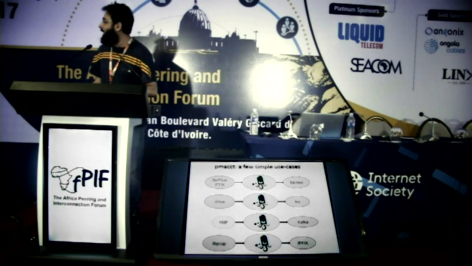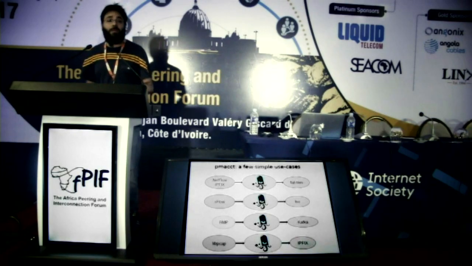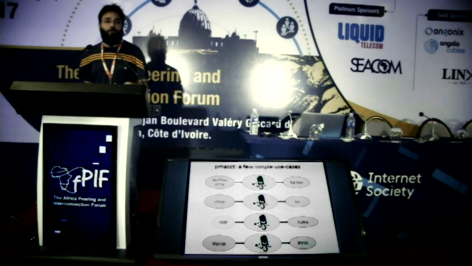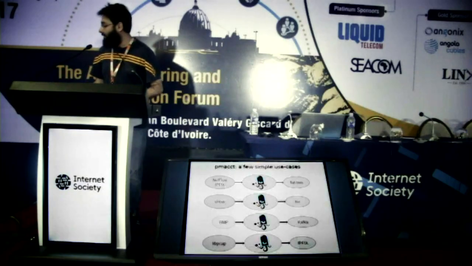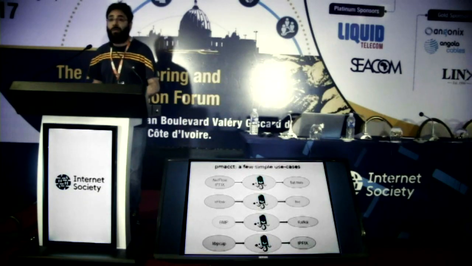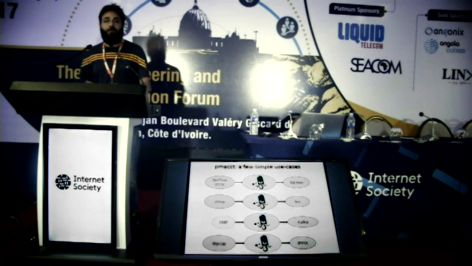A third example would be, for example, BMP, the BGP monitoring protocol, or BGP itself pointed to PMACCT, or let's say BGP establishing a peering relationship with PMACCT, and then this information is sent to a Kafka, which will be PMACCT as enabler for analytics.